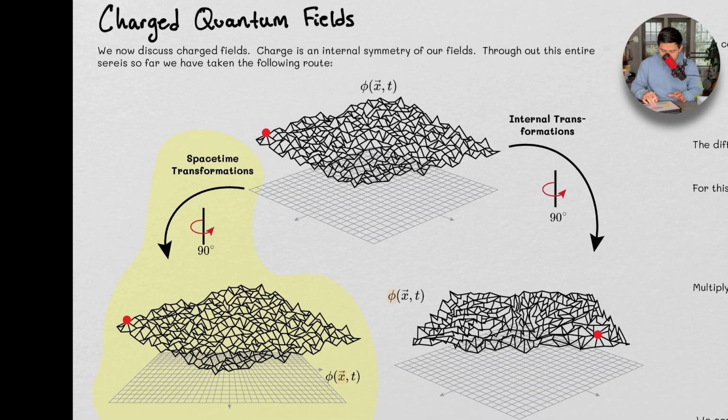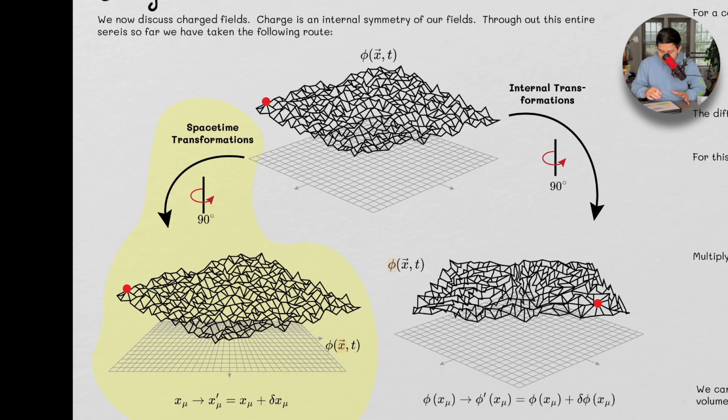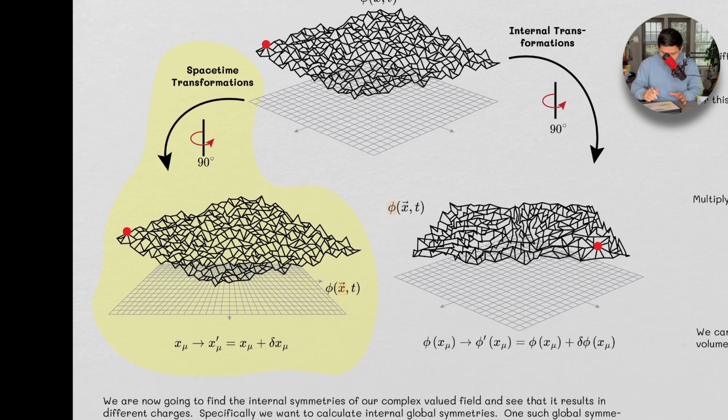So we looked at this picture before. Throughout this series, so far, we've taken this route of doing space-time transformations. The space-time transformations look like this, where instead of moving the field itself, what we're actually doing is moving the underlying point within that field.